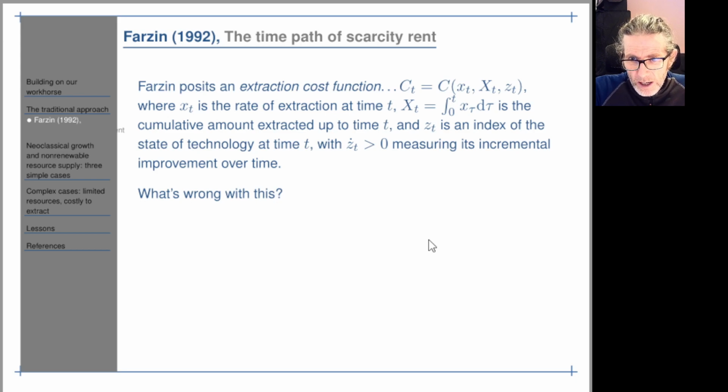So this is great, but it's a little bit like Nordhaus's DICE with his abatement costs.